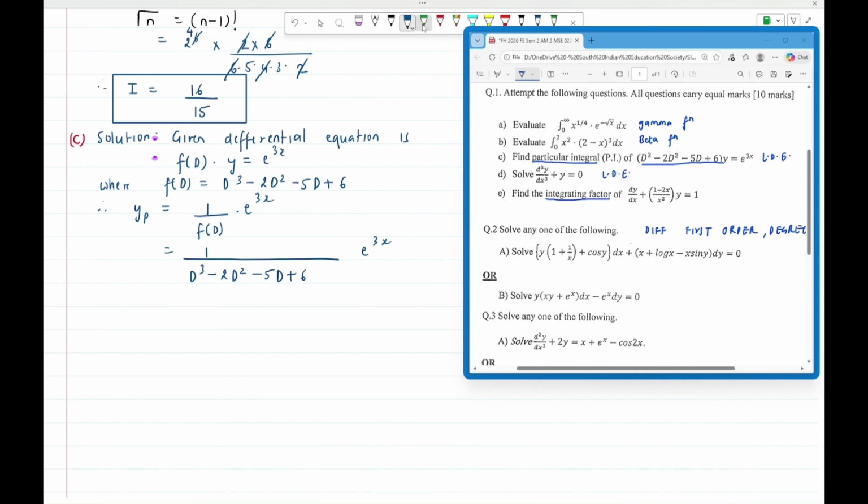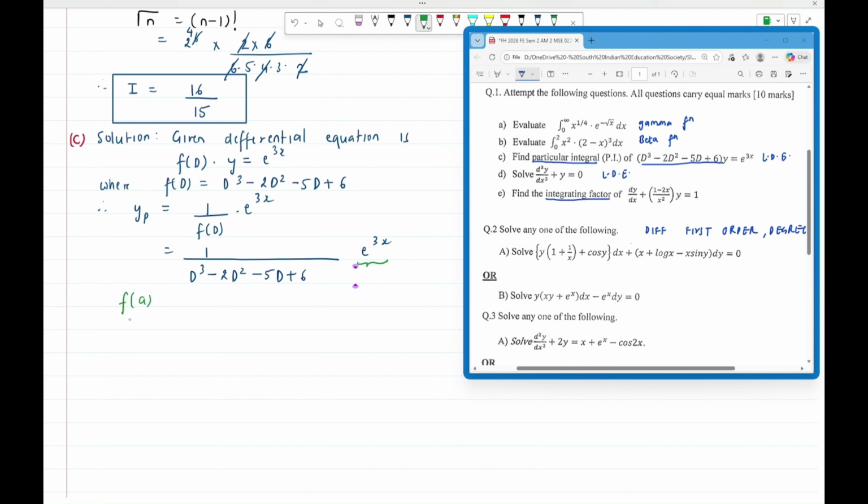Now, as per the formula for finding the particular integral, when r of x, that is the right hand side of the given differential equation, is e raised to 3x, we replace the value of D by a. So basically we want to find out what f of a is going to be.